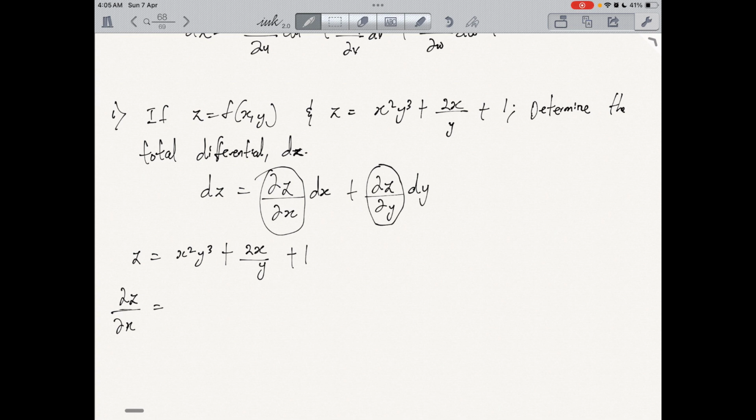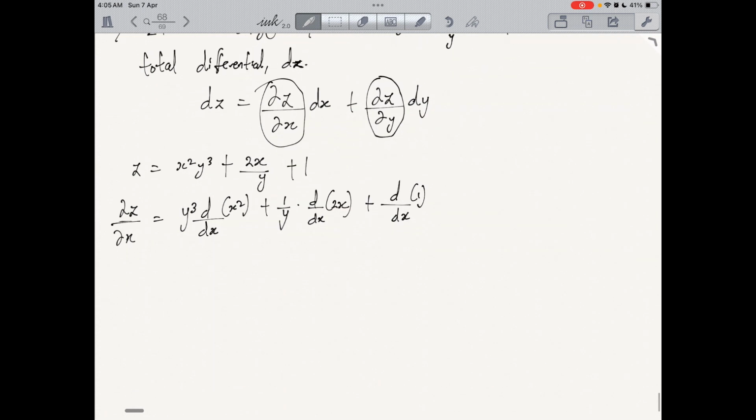Therefore, we have y cubed multiplied by the full differentiation of x squared, plus 1 over y multiplied by the full differentiation of 2x, and plus the full differentiation of 1.